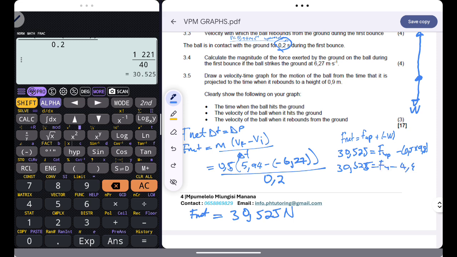When I take the 4.9 to the other side, I'll simply find the upwards force to be 35.425, just 35.43 newtons. Alright, good. So the upwards force that the ground will exert on the ball is this one.